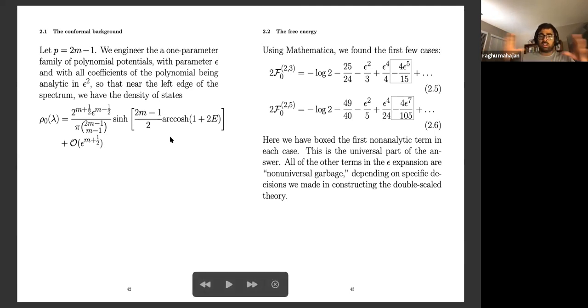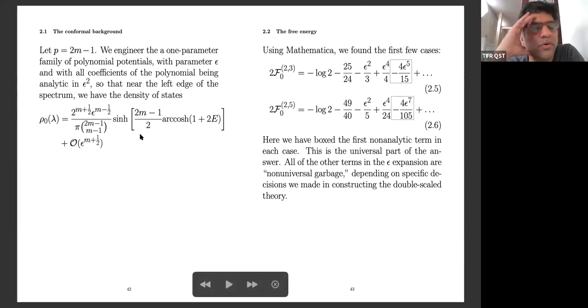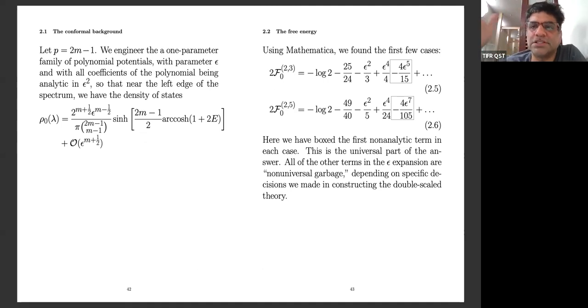So these are just single cut solutions, so the eigenvalues are supported on one cut. You zoom in near the left edge, and you ask, what does the density of states look like near that edge? And the sinh of arccosh formula was found in this paper of Seiberg, Shih, and Moore. Sorry, Raghu. You're going to compare with just a matrix integral, and there's a definite normalization to that matrix integral.